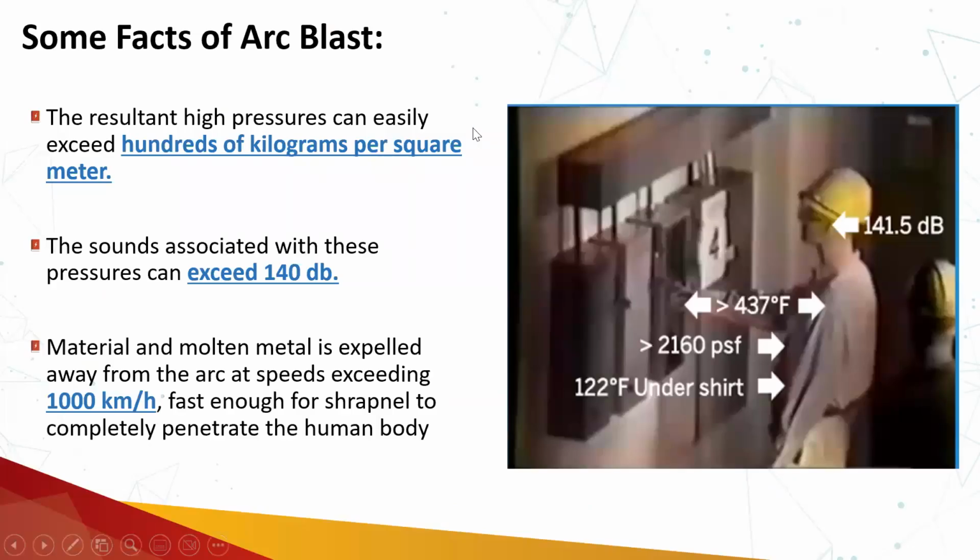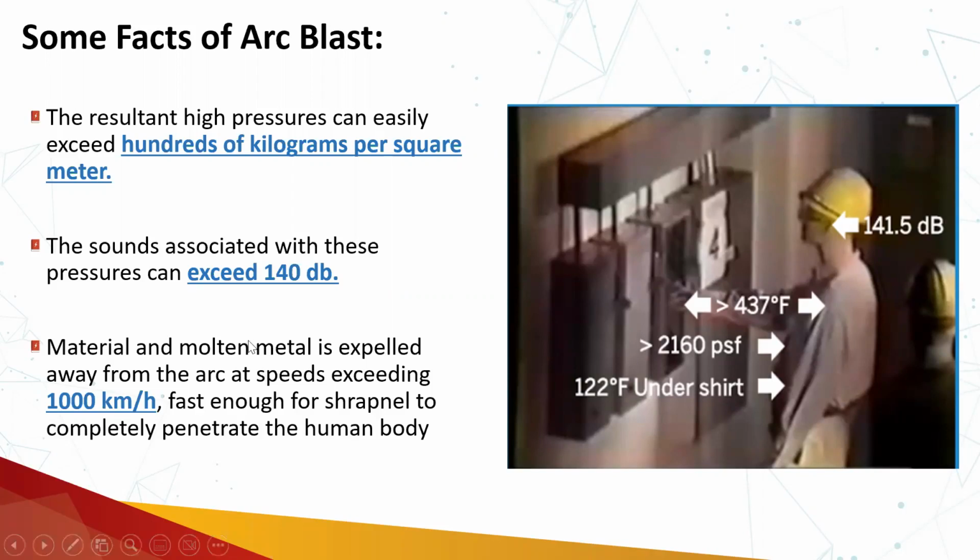Some facts about the arc blast: it results in high pressure that can easily exceed hundreds of kilograms per square meter. The sound associated with the pressure is around 140 decibels. The material and molten metal are expelled away from the arc at a speed of 1,000 km/h, fast enough for shrapnel to completely penetrate the human body.